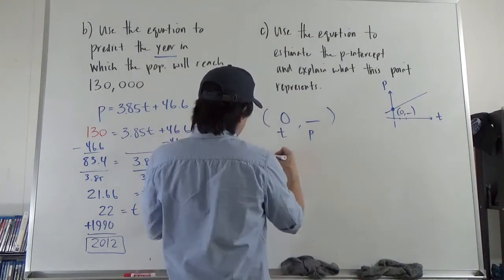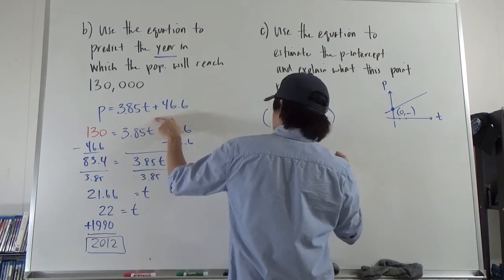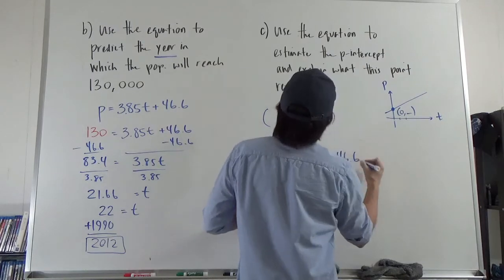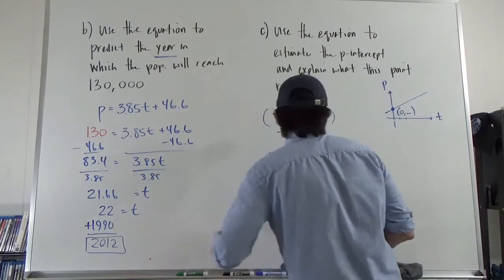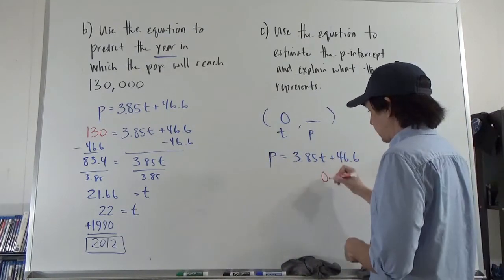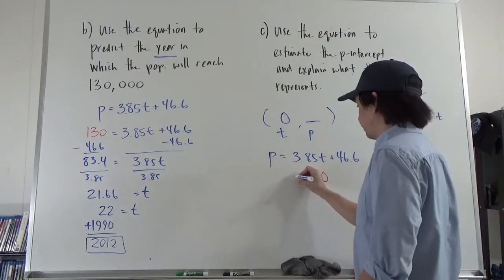All right, my equation, I erased it, but I still have it right here. And now I use the equation and plug in the one coordinate that I do know. And I know that a t coordinate of 0 is what's happening with this p-intercept. Plug in 0 right there for t.